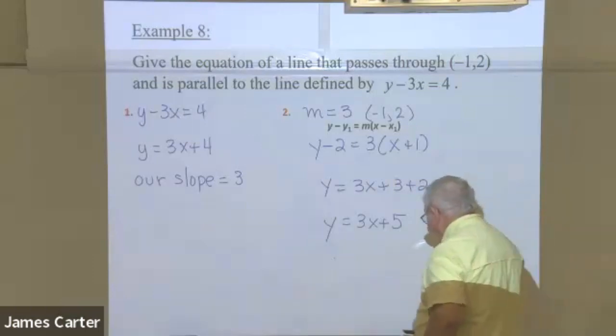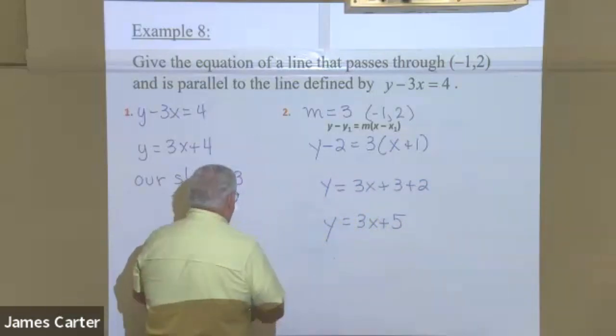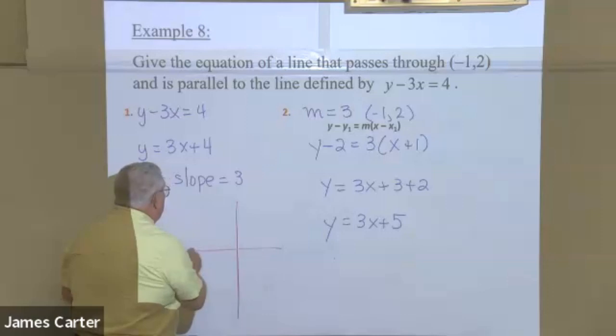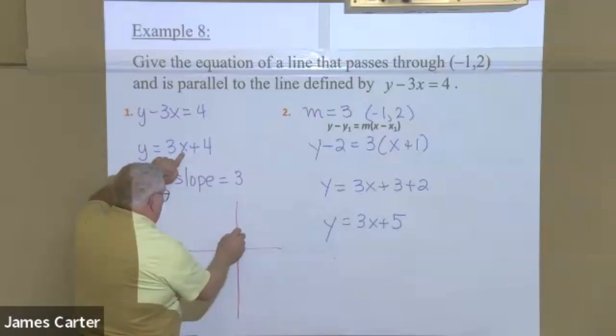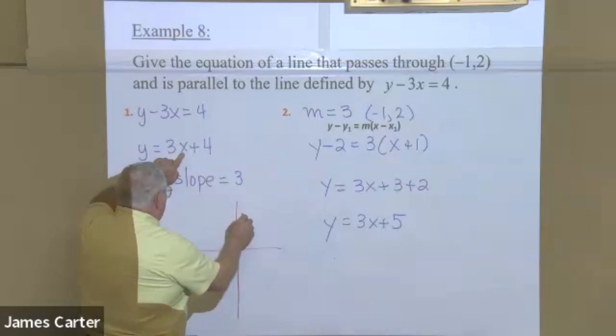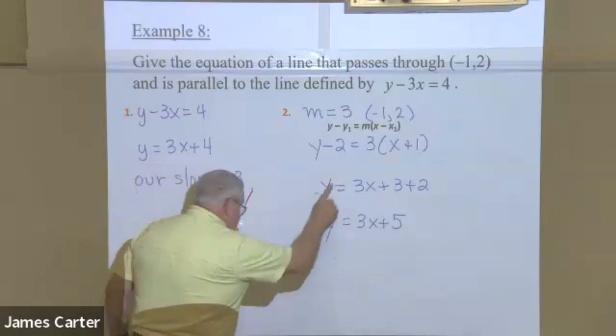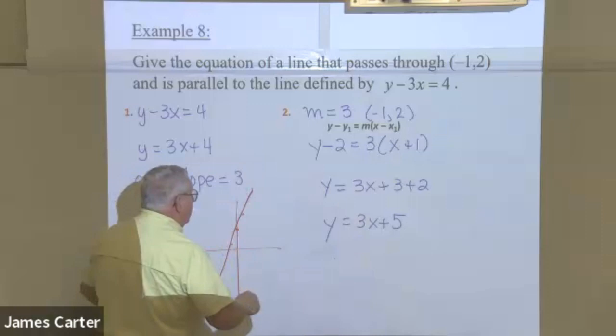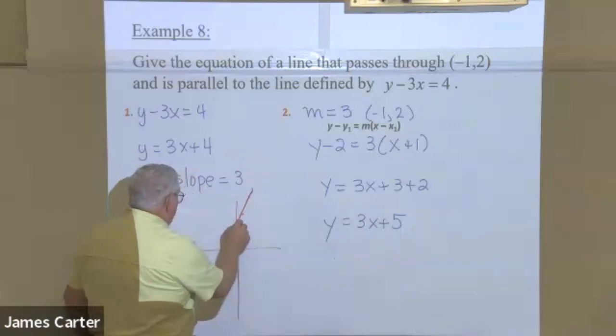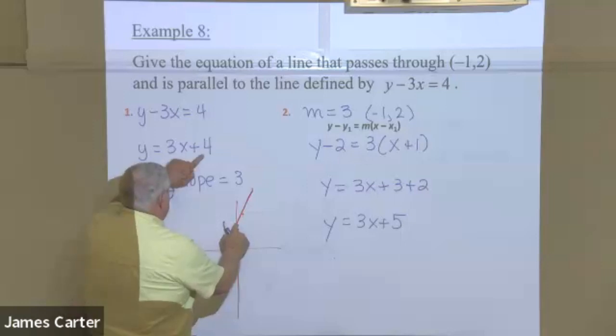If we were to graph those, just to prove a point, this equation, here's 4, and we would go up 1, 2, 3 over 1, 1, 2, 3 over 1, down 1, 2, 3 over 1, and this line would go about like so. This line would start at 5. Let's see, that was 3, or that was 4.